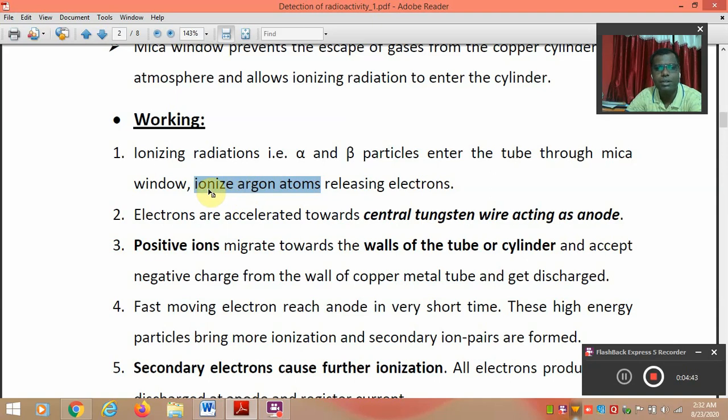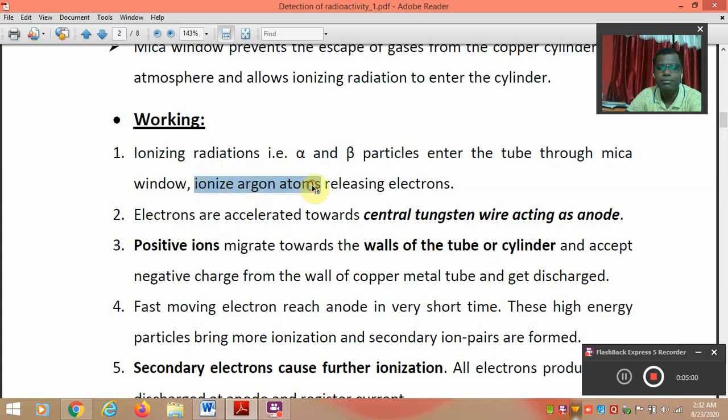Whenever ion pairs are formed, one species will carry positive charge and another species will carry negative charge. But these alpha and beta particles are responsible for the ionization of which particles, or ionization of which atom?